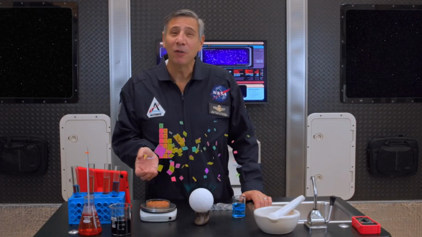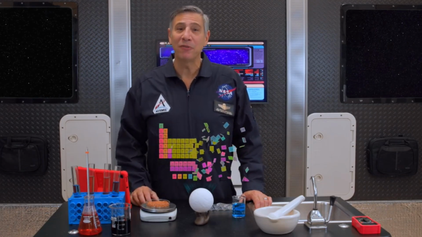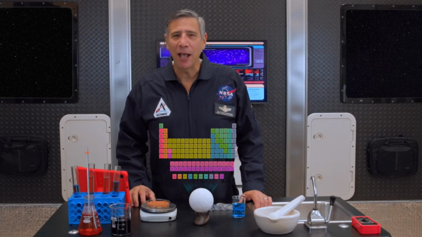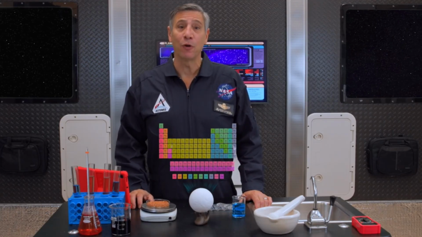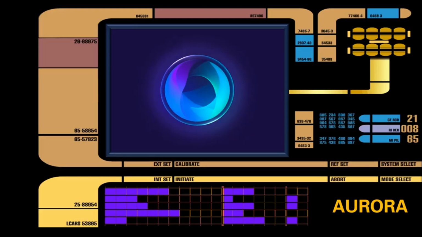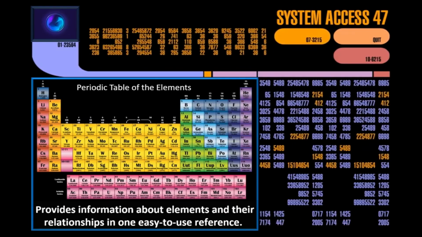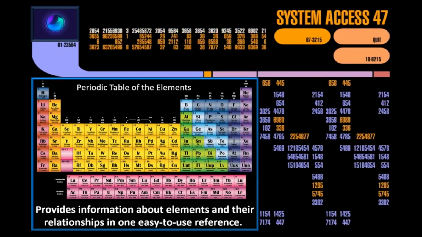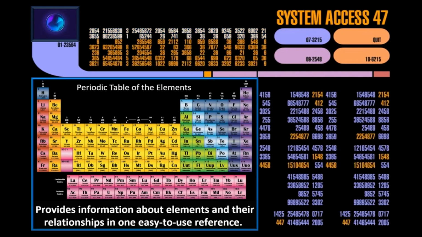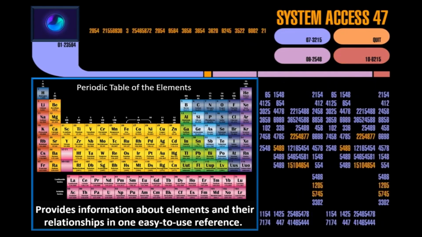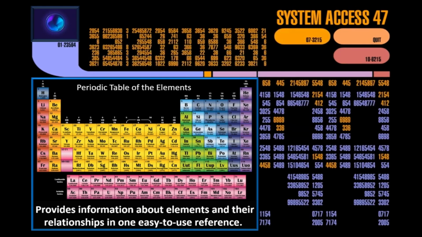The periodic table is an organized representation of every element that exists in the universe. That is right, Dr. Carafano. The periodic table is important because it provides information about elements and their relationships in one easy-to-use reference.